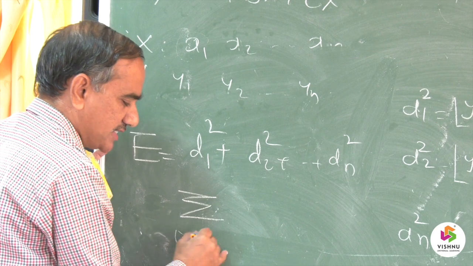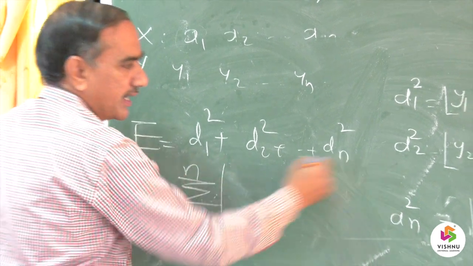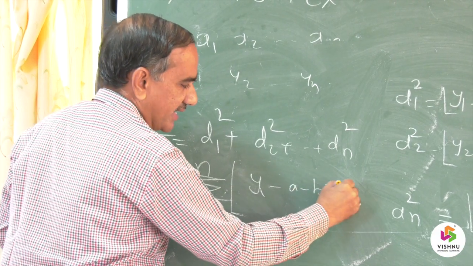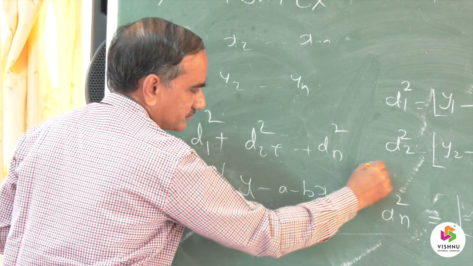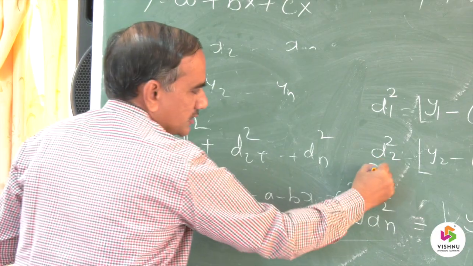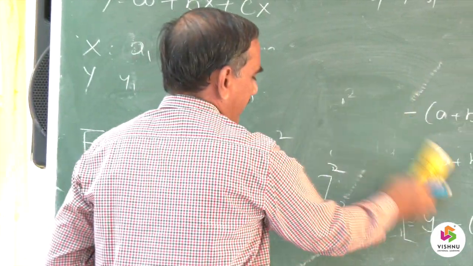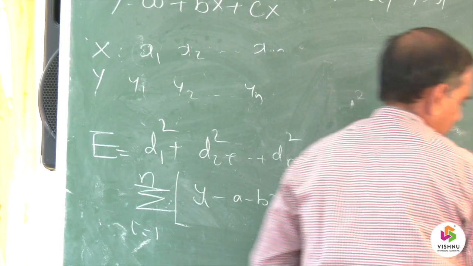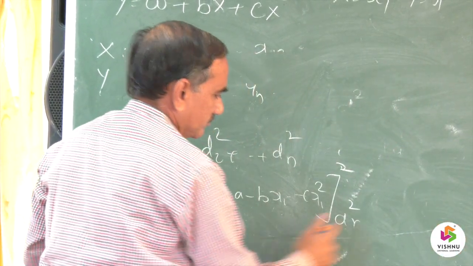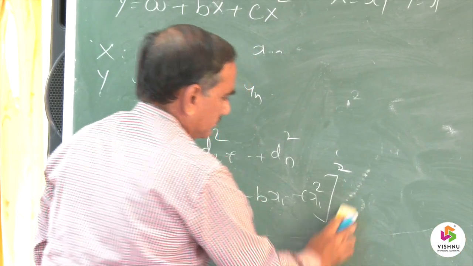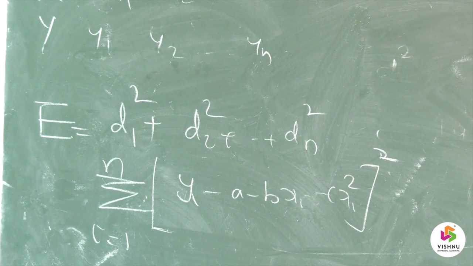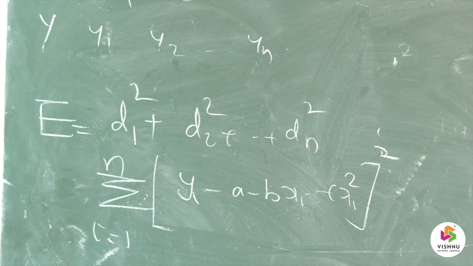So sigma i is equal to 1 to n, total error yi minus a minus bxi minus cxi square. This is the total amount of variation in estimating the value of y because of the curve.